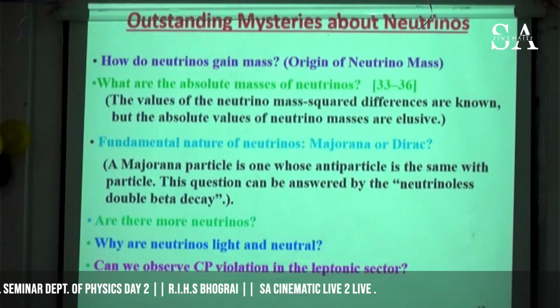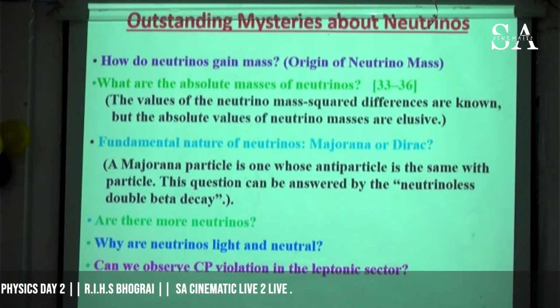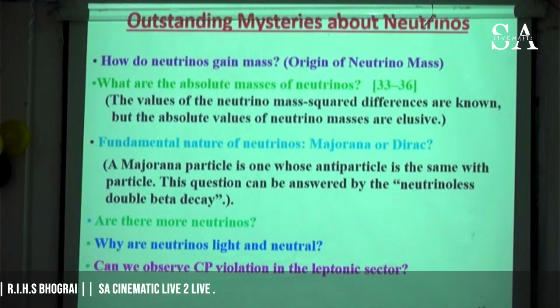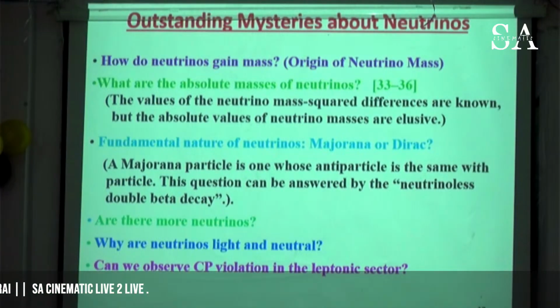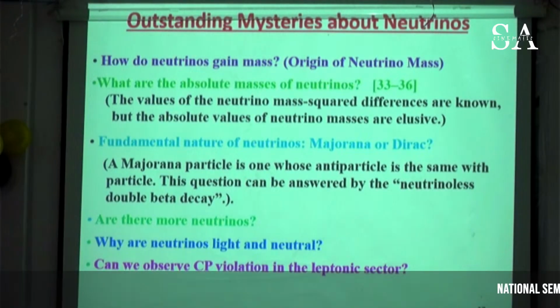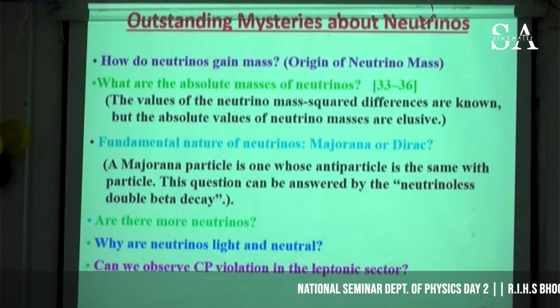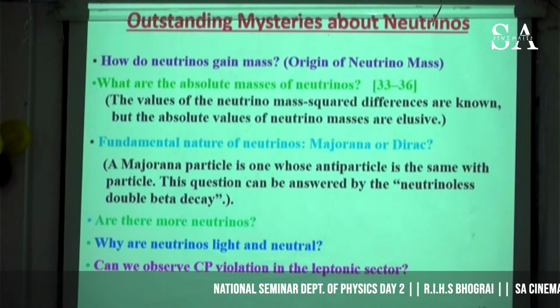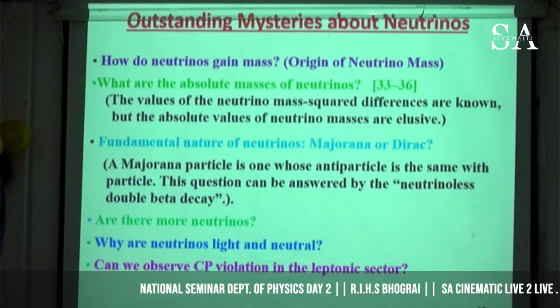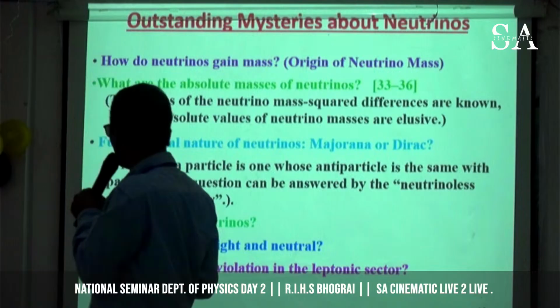We hope the proposed neutrinoless double beta decay experiment will give the answer. Then, are there 4 neutrinos? Are there only 3 types of neutrino, or 4 types? The proposed sterile neutrino has different behavior from these, but so far it is not confirmed.